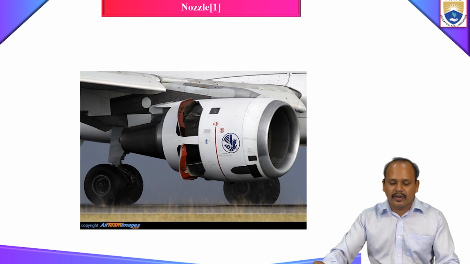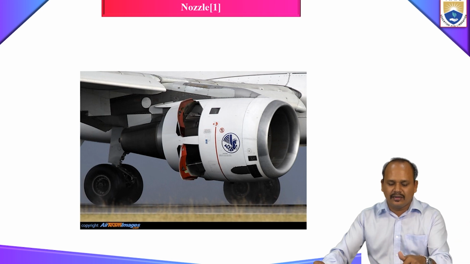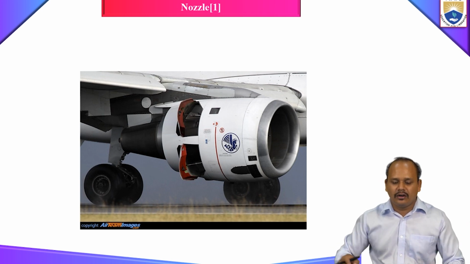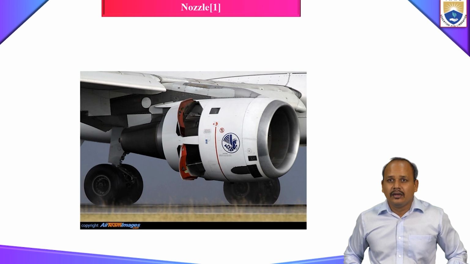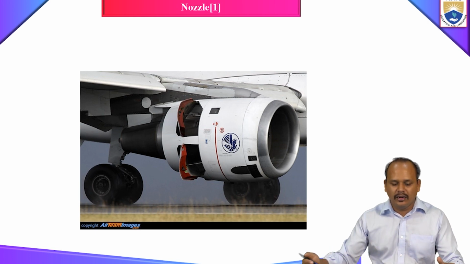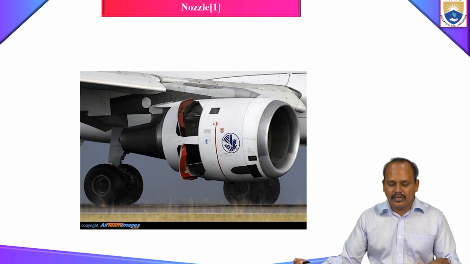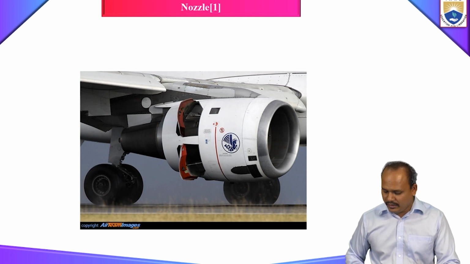The only difference is that in the bucket type, we directly control the main jet flow, that is the hot gas, whereas in the clamshell type, we divert the cold flow in the opposite direction. By diverting it, we produce the reverse thrust, and that way we can decelerate our aircraft rapidly.